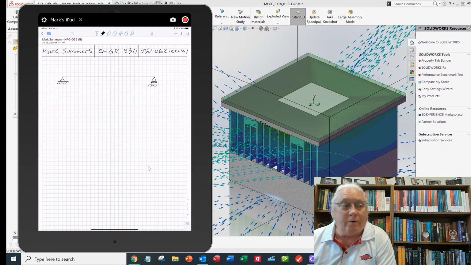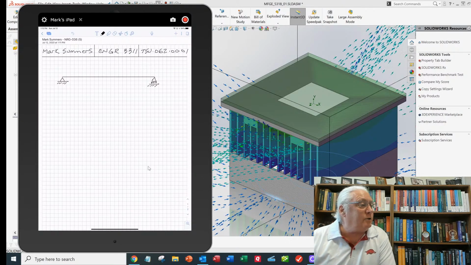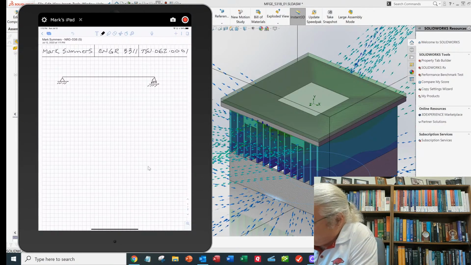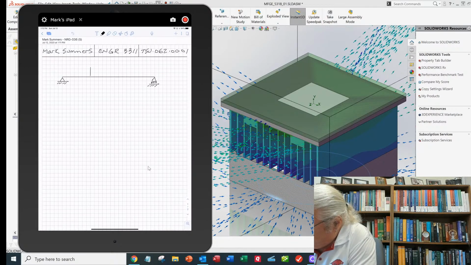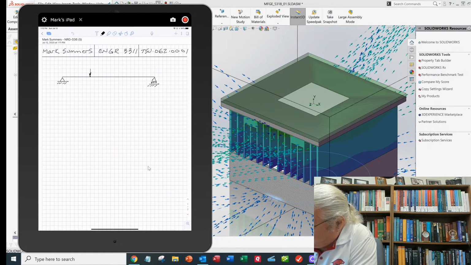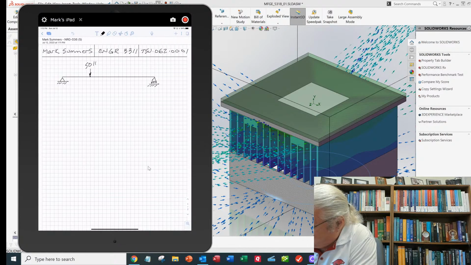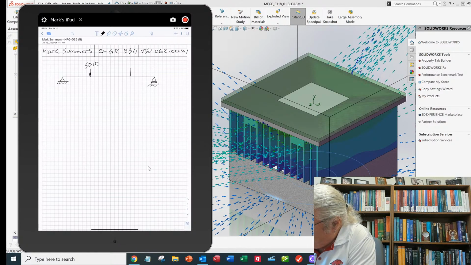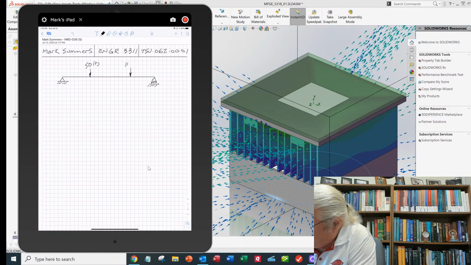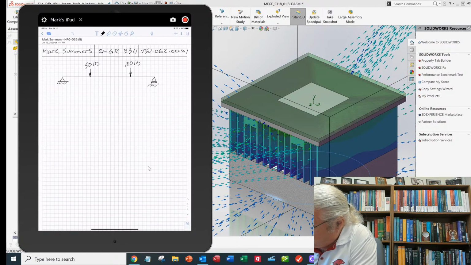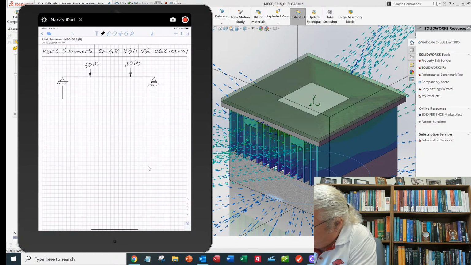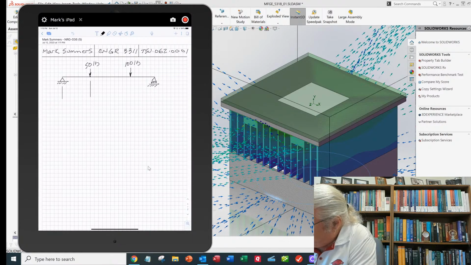Roller support on one end and hinge on the other. Put a couple of loads on here maybe. And some dimensions.